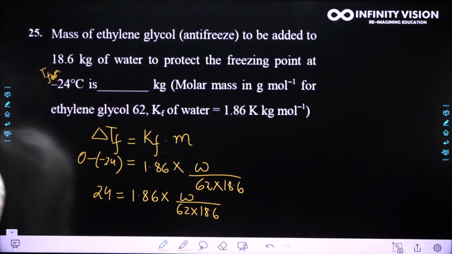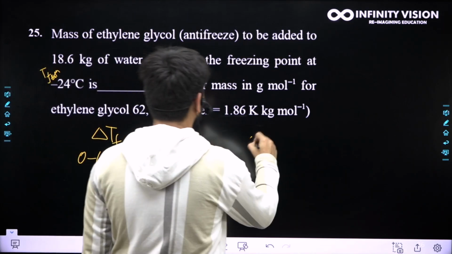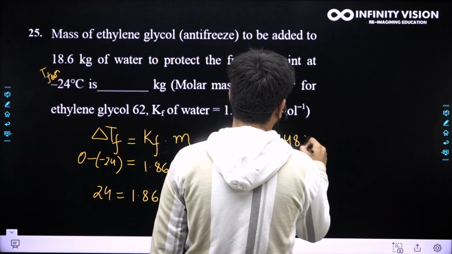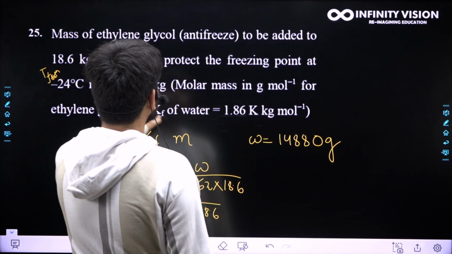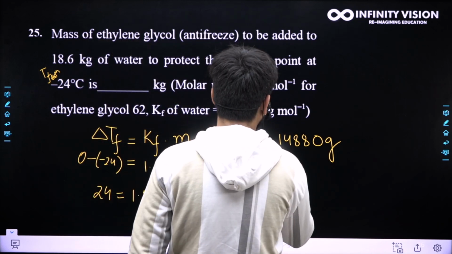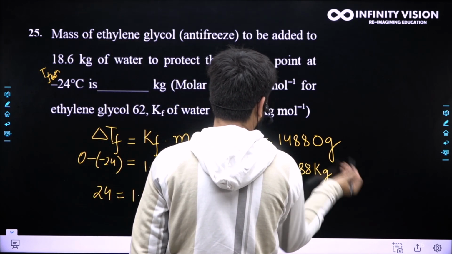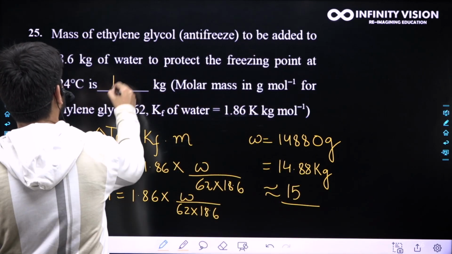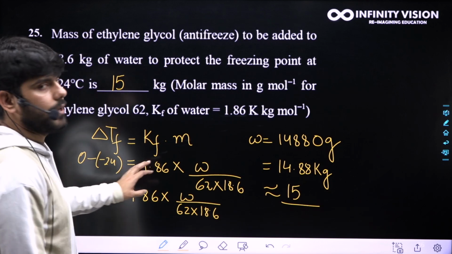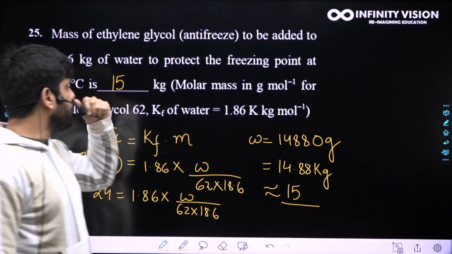When you solve it, you get 14880 gram. Now you are supposed to give the answer in kilogram, so that will be 14.88 kilogram, or you can write approximately 15. So the answer is 15 kg. Very simple question, just based upon this formula. All right, let us move to the next question.